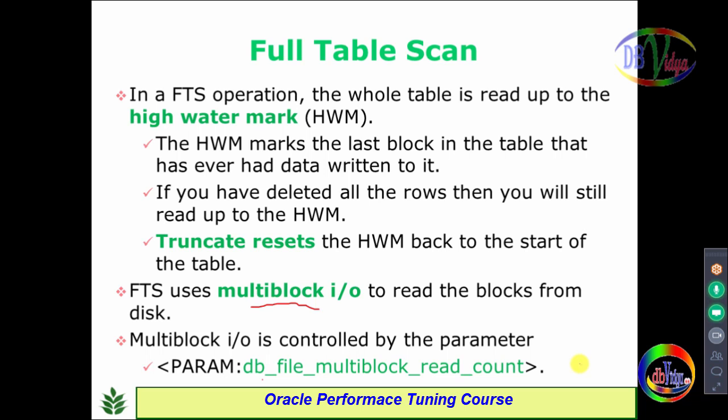In this way, you can make full table scans perform better. The DBA has to set db_file_multiblock_read_count. Generally, they set this parameter and monitor how much better the full table scans are. If you set this, even a small table will try to get the entire thing.